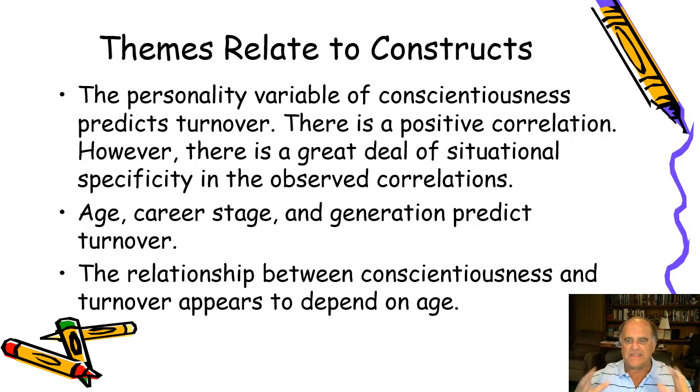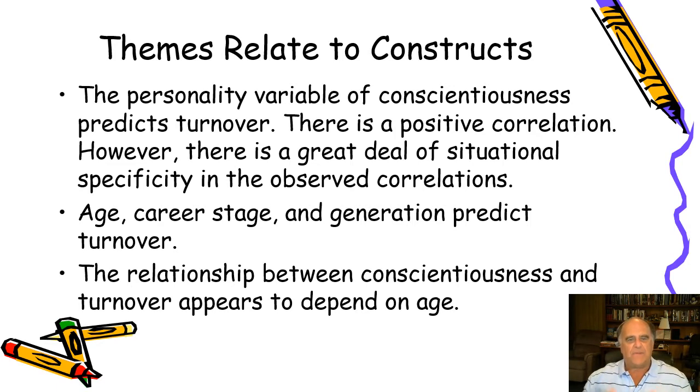The obvious three themes are main effect of variable A, main effect of variable B, and then the interaction effect of variables A and B. So let's take a researcher who's interested in looking at the relationship between the personality variable of conscientiousness, one of the big five, and turnover. So the first theme that we identify might be the personality variable of conscientiousness predicts turnover. There's a positive correlation. However, there is a great deal of situational specificity in the observed correlations.